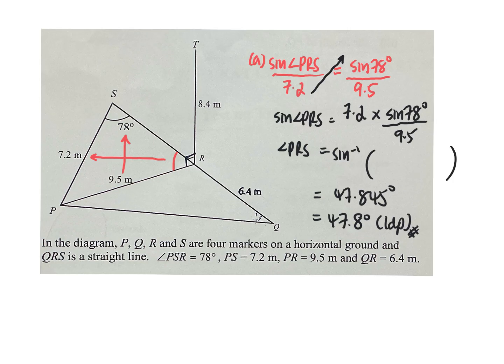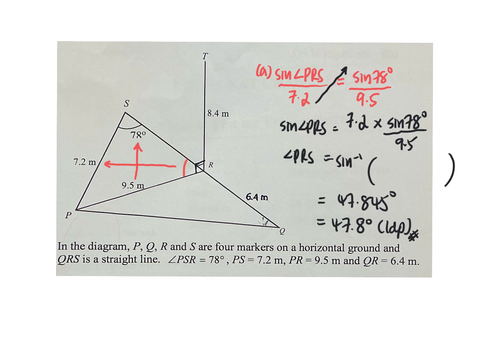Ready? Okay, next question. I want to find the area of this triangle. So A, no problem, done already. B, I want to find this slice, PQR. So I have this angle, which I just found to be 47.845.